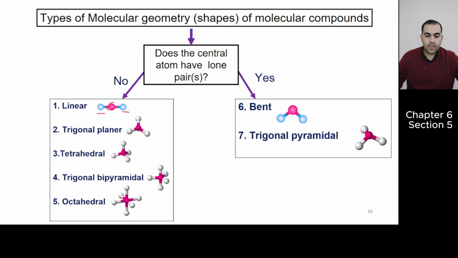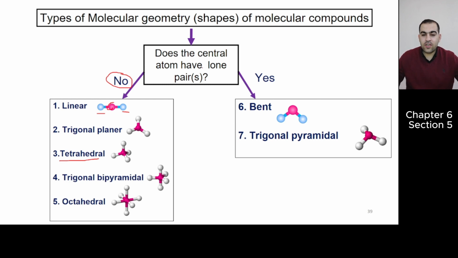Trigonal planar: 3 atoms bond to the central atom. Tetrahedral: we have 4 atoms bonded to the central atom, but there are no lone pairs on the central atom. When 4 atoms bond to the central atom, the shape will be tetrahedral. Trigonal bipyramidal: 5 atoms are bonded to the central atom. Octahedral: 6 atoms are bonded to the central atom.